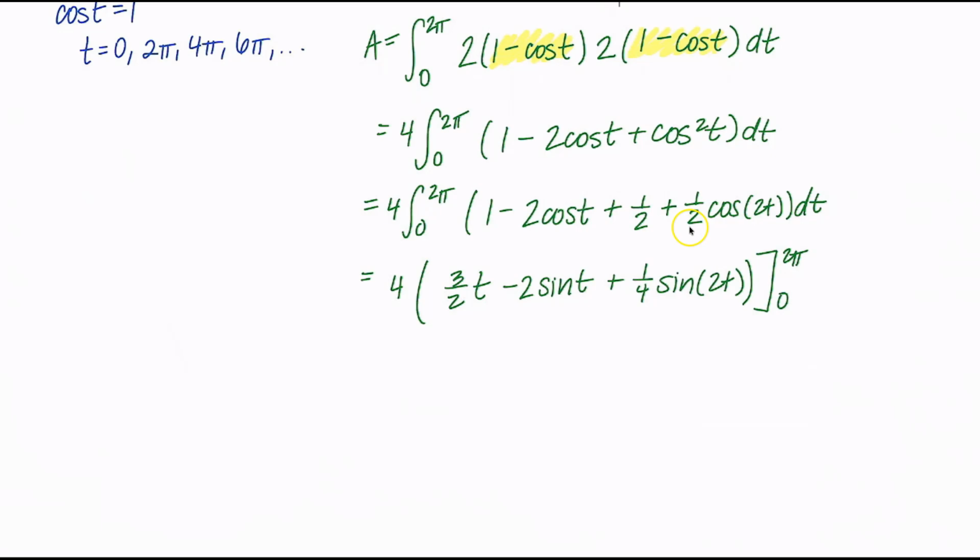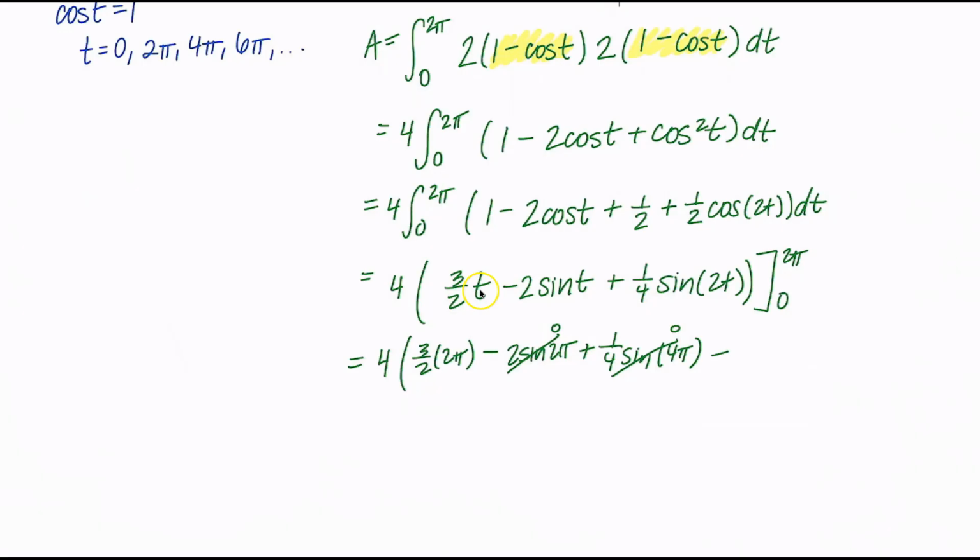So now we're going to substitute in 2 pi into all the t's and then 0 into all the t's. So we're going to have 4 times 3 halves times 2 pi minus 2 sine of 2 pi. Well, that's 0. And then 1/4 sine of 4 pi. All right, well, that's also 0.